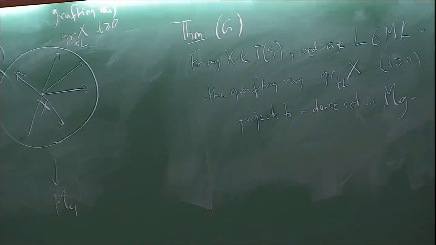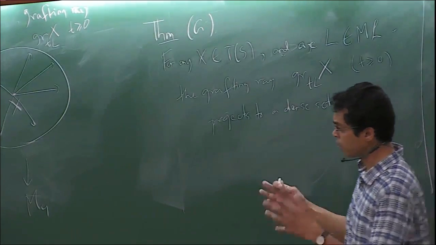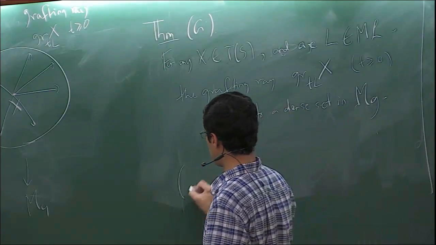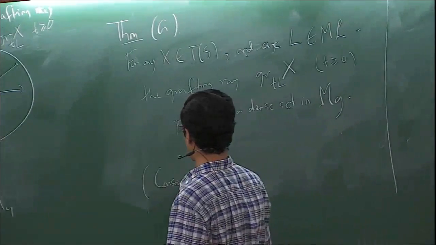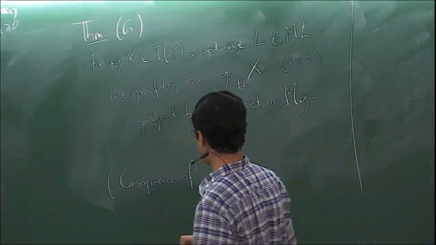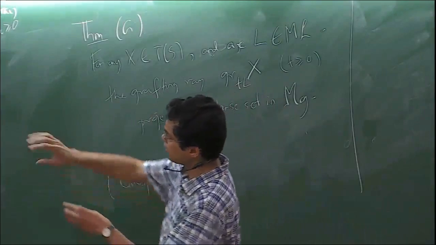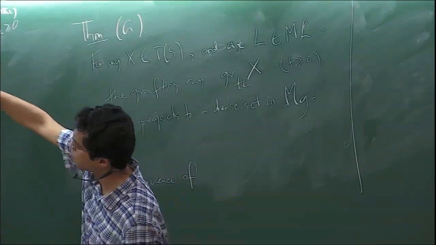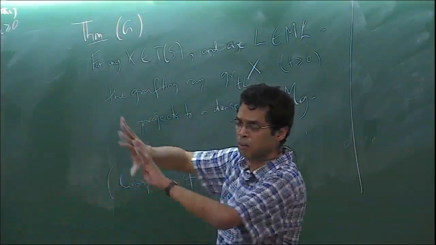I won't talk about the proof of this, but let me just mention that it's a consequence of the fact, you can compare these polar coordinates with the Teichmuller exponential map.